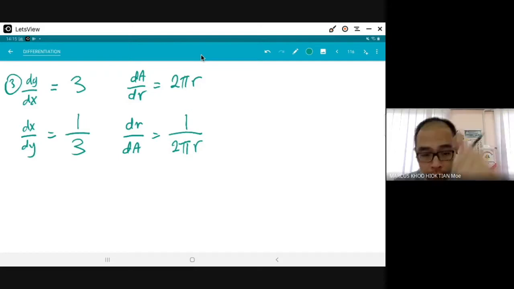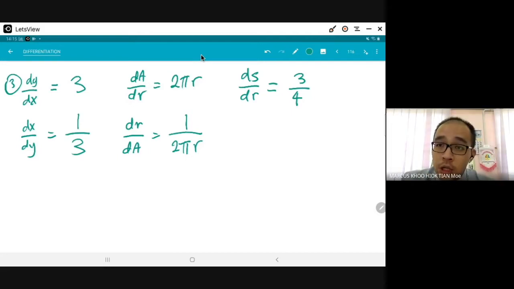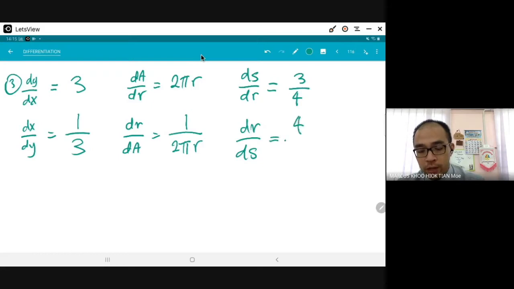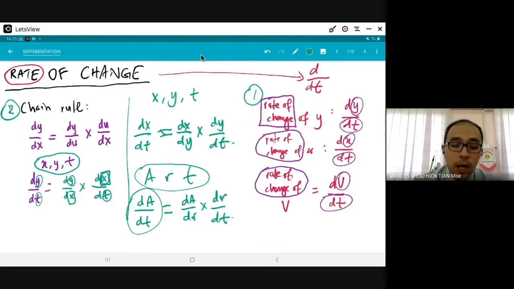Kalau contohnya ds/dr equals to 3 over 4, you have to know that dr/ds equals to 4 over 3. Kita mesti belajar untuk fleksibel begitu. Know how to change it around, especially if it is just a number. Because when you know how to change it around, then you know how to put it into the chain rule. And that's a very, very important thing for us to cover.